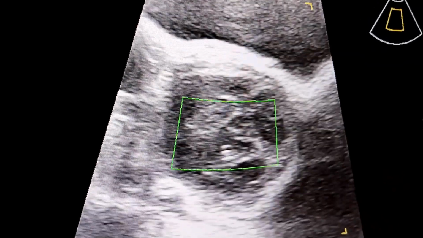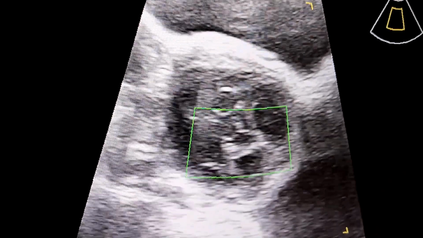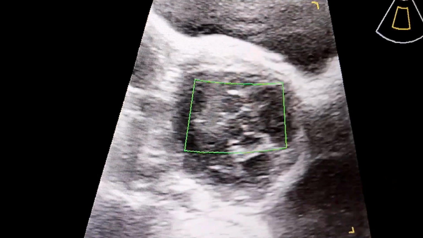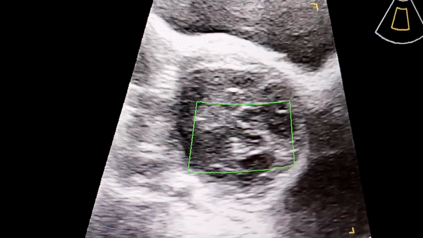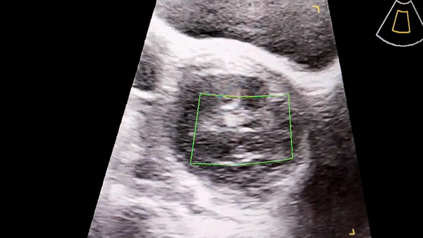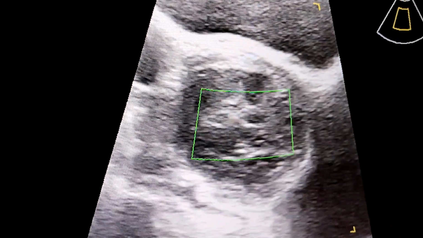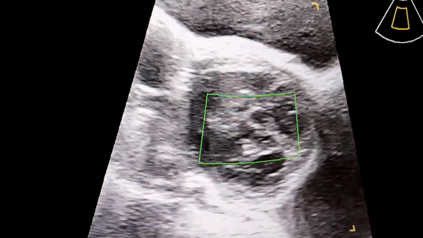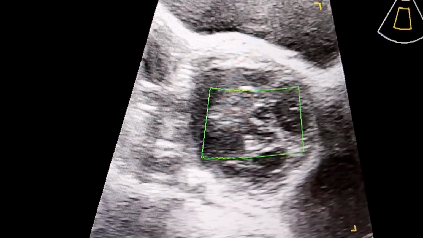So here we can appreciate that after the Doppler setting, we cannot appreciate any vascularity within these linear strands, echogenic dot lines, or these so-called septa. So it means that these are not the solid components.